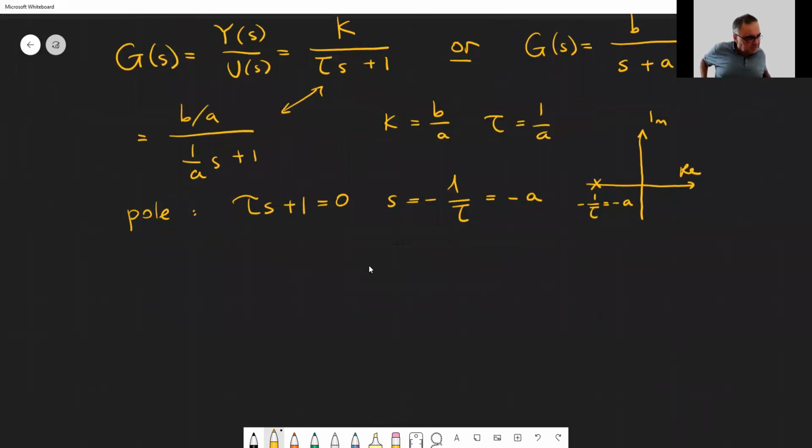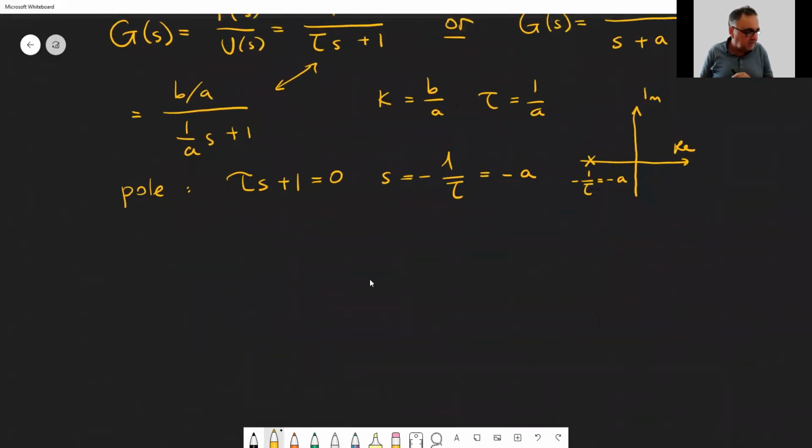So we talked about the time constant. Let's try to see what kind of effect it has on the system response. And for that, let's look at this thermometer example, which was your midterm question, by the way.